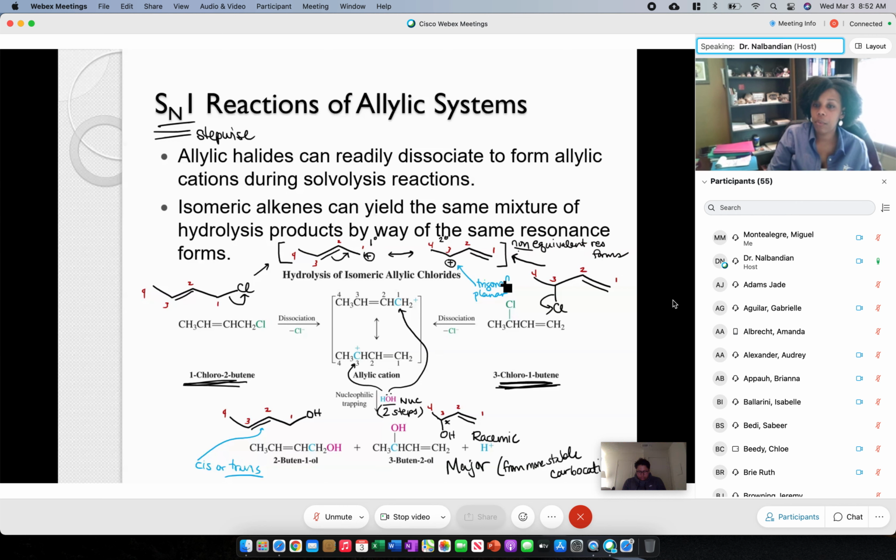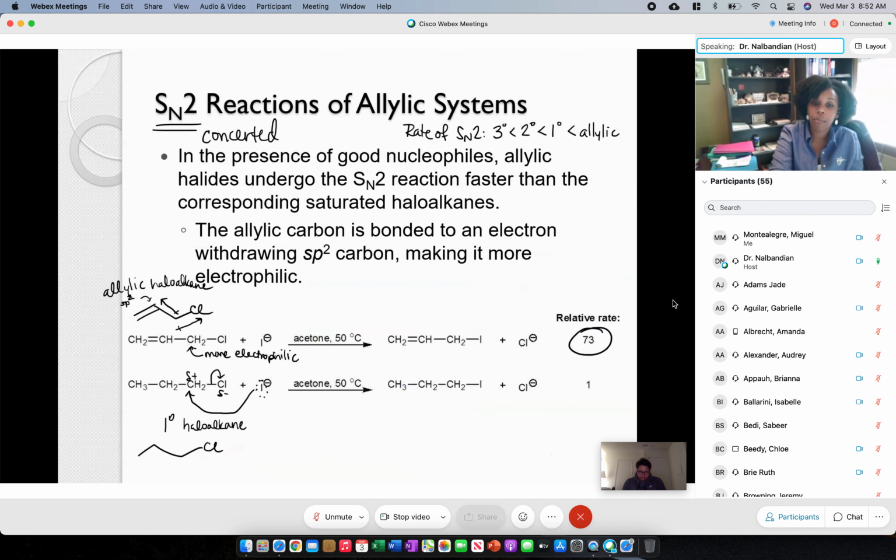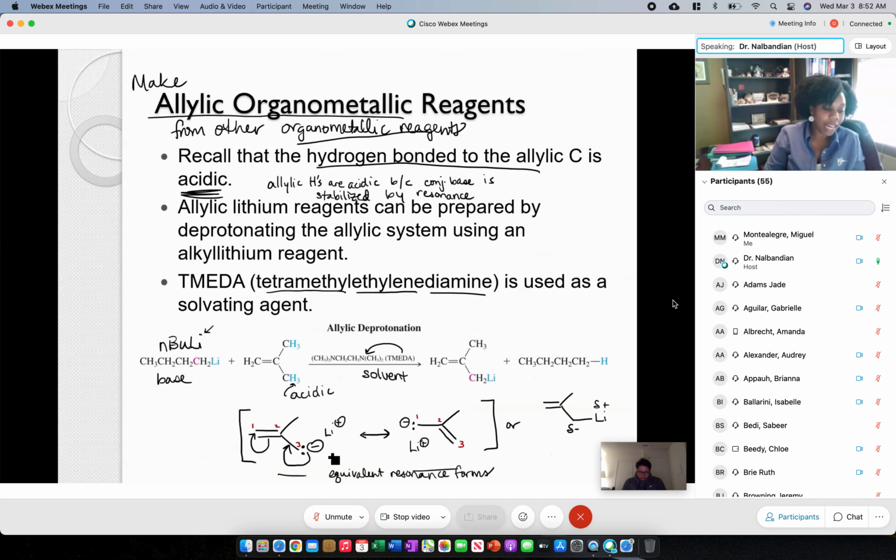We said the secondary was our major intermediate, our major resonance form, which led to one of these products. But these two are not equivalent to one another, right? They are different resonance forms. So you have to pay attention to the resonance forms as you are drawing your product. All right, so that's how we can make allylic organometallic reagents from other organometallic reagents.